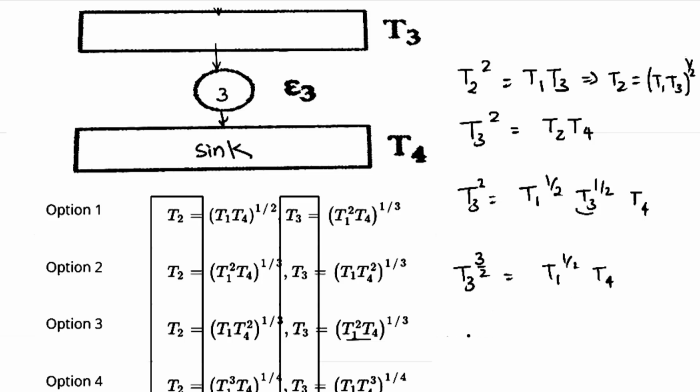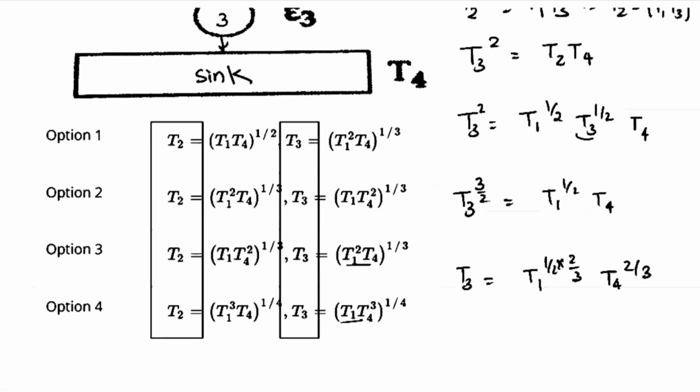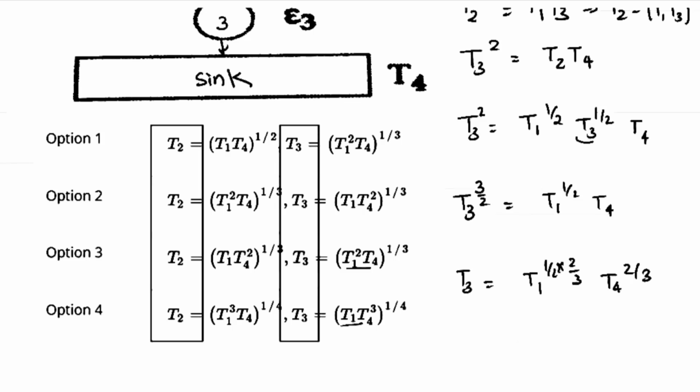So you can take the power of 2 by 3, and it will be half into 2 by 3. Finally, T3 is equal to T1, where the power is 1 by 3 and here the power is 2 by 3. So it will be the whole to the power 1 by 3.